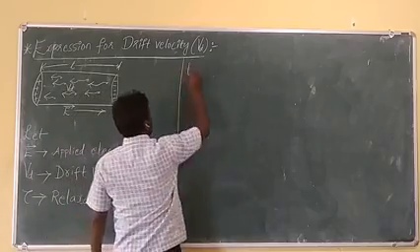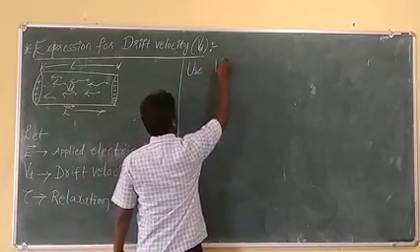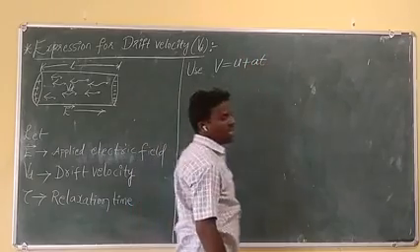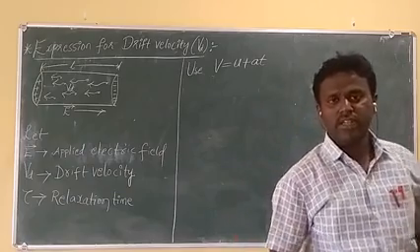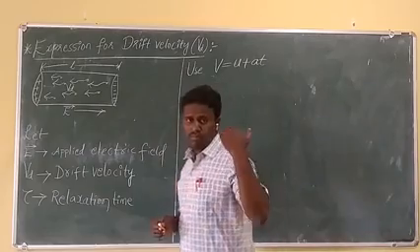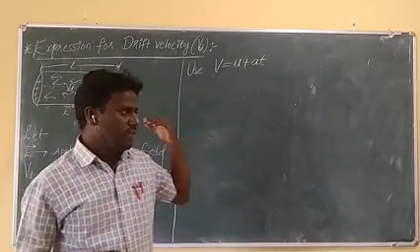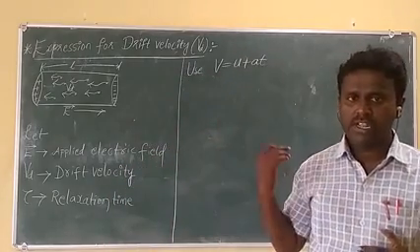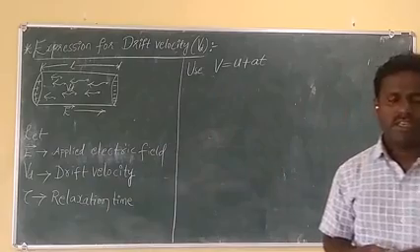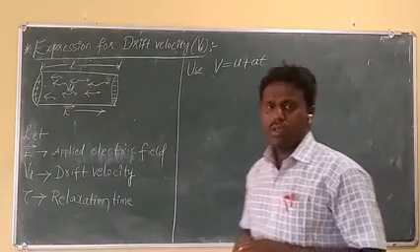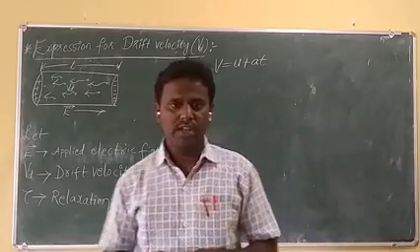So we shall use V equals U plus AT. This is the relation that you learned in the first year syllabus. In first year syllabus, you learned three kinematic equations: V equals U plus AT, V square equals U square plus 2AS, S equals UT plus half AT square.